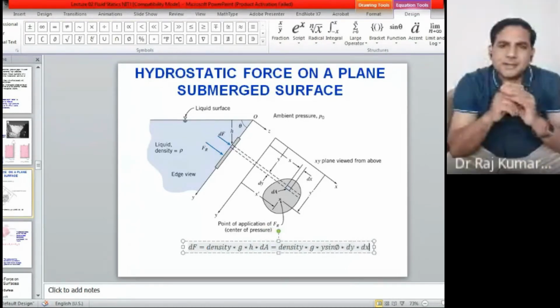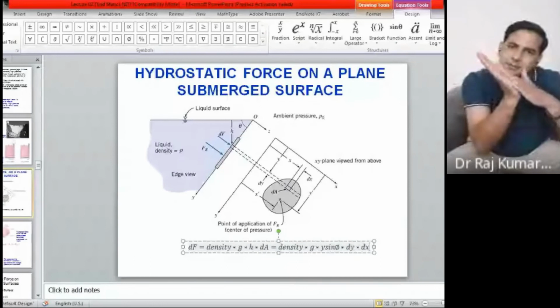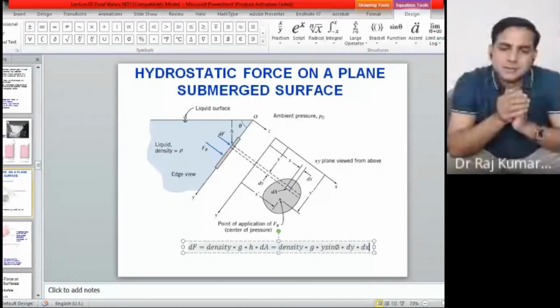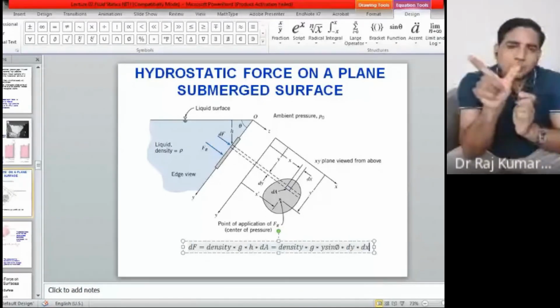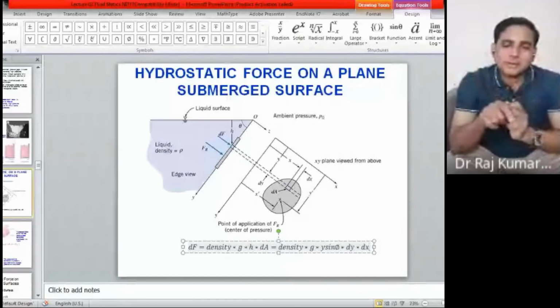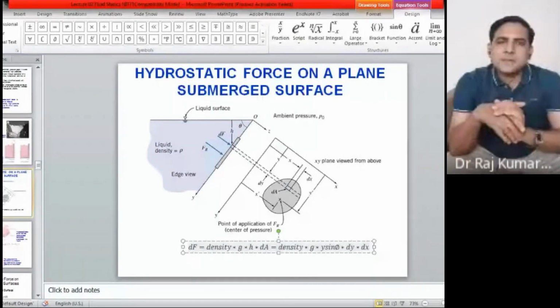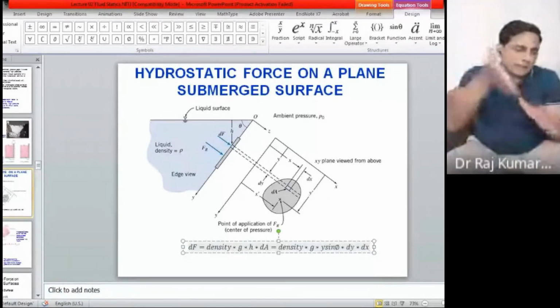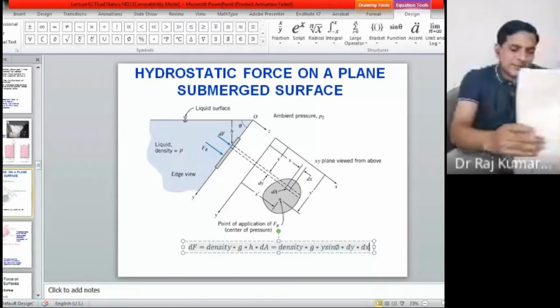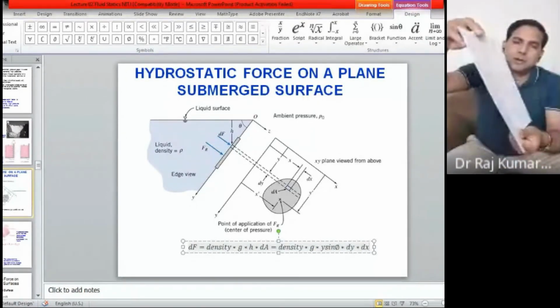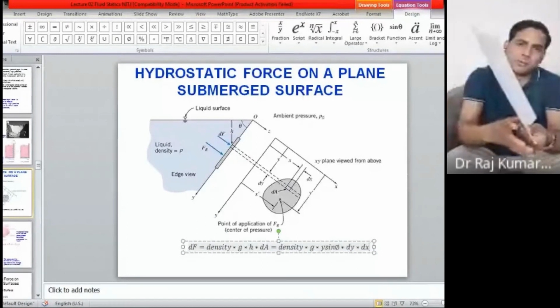This is your dA. dA is this length dy and the width of this particular gate or wall is dx, right? There is no role of thickness, make sure of that. Okay, so this is your formula of the differential force. Now, if the width of this particular gate or wall is changing from top to bottom?